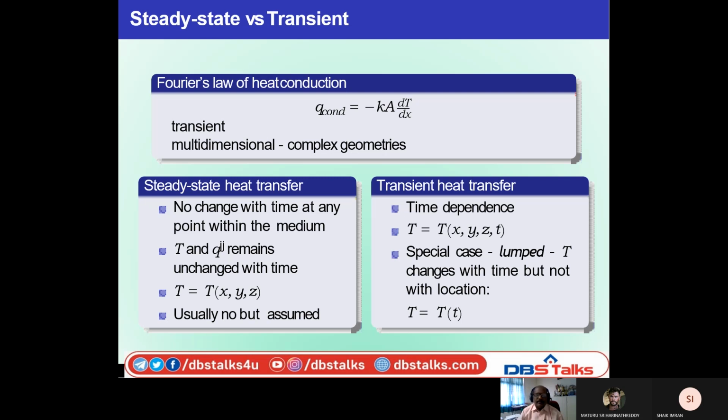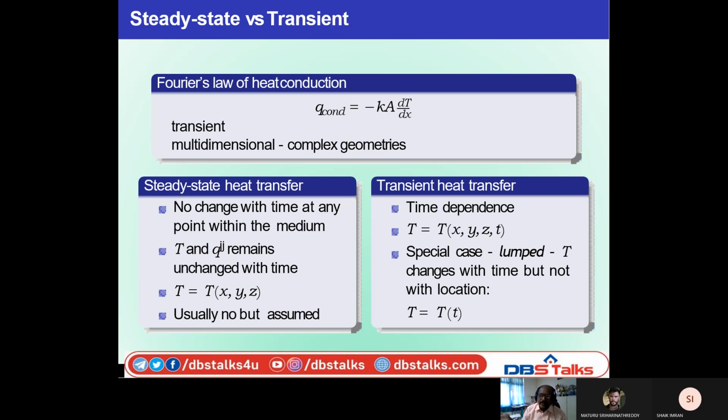If you take transient heat transfer or unsteady state heat transfer, it changes with time. The best example for transient heat transfer is atmospheric temperature, from sunrise to sunset.